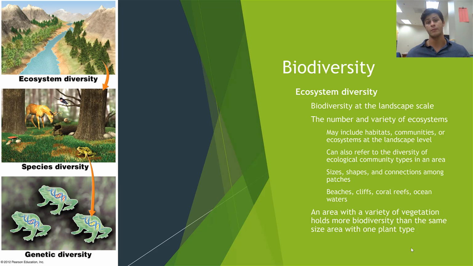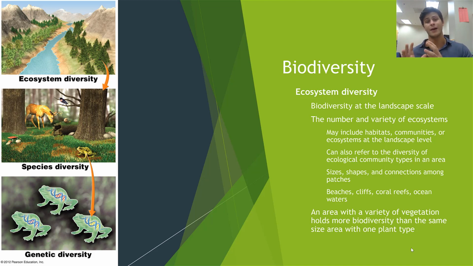However, those are all going to be beach type communities. If you look at a larger landscape, you might see aquatic type communities, and you might see terrestrial type communities. Things that would live in a sand dune, for example, would have very different functioning than what would live in the water. So variation in different ecological community types is also something considered within ecosystem diversity.